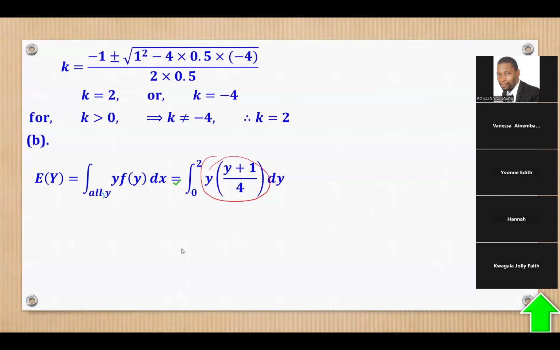I think we get y cubed out of 8 plus y squared out of 4. Okay. How did it come about? What did you do first?